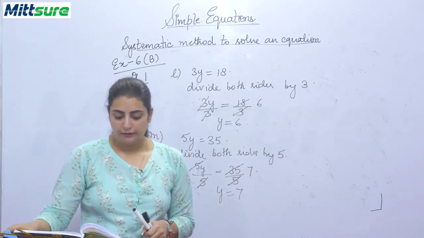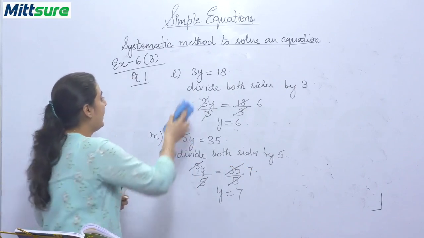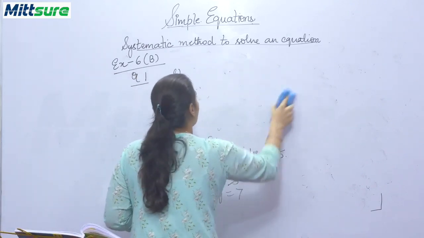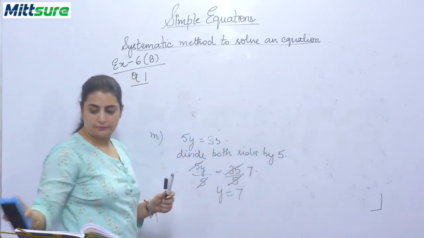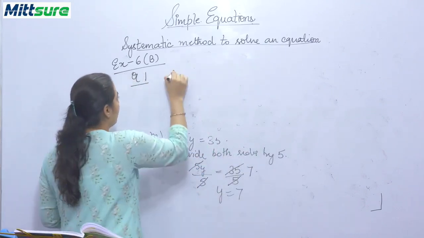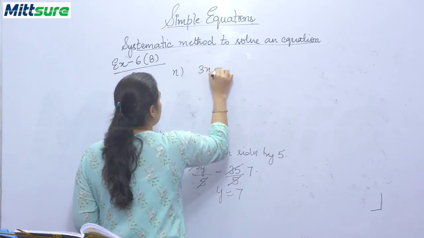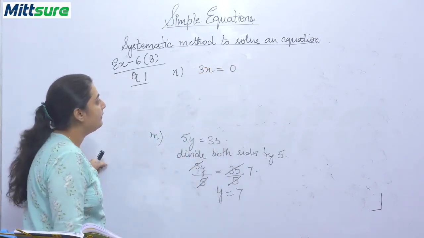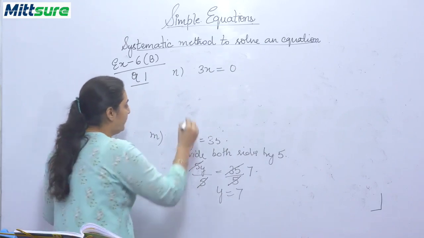Then we have got n, that is 3x is equal to 0. So we will be dividing both sides by 3.